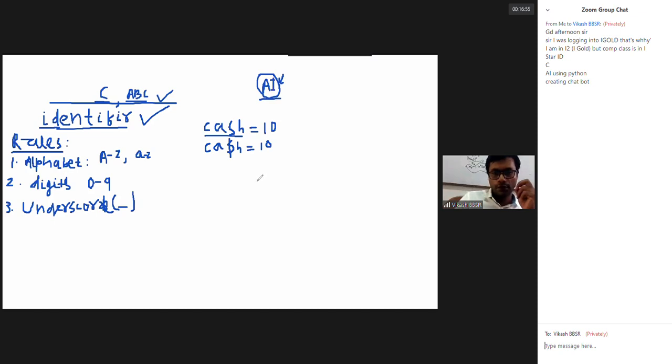Very good. Why? Reason? So that is a special character, dollar, that is not allowed in the identifier. In Python identifier, dollar is not allowed. Remember, only underscore is allowed.